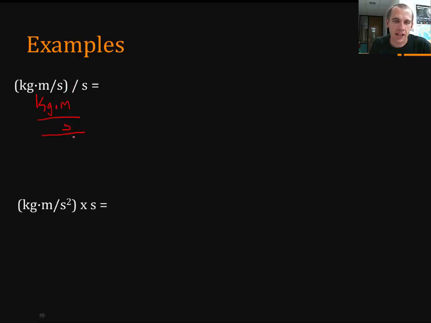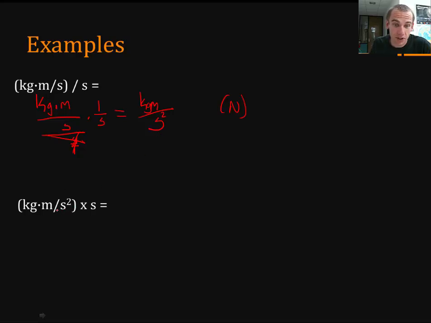So all over seconds. But remember, that's invert and multiply. So this is seconds over 1. So instead of writing it like that, I'm going to write this as times 1 over seconds. So this gets me a kilogram meter per second squared. Okay, so seconds times second is seconds squared. And if you recall earlier, I told you this was a Newton. So that's how you deal with that when it's like this.